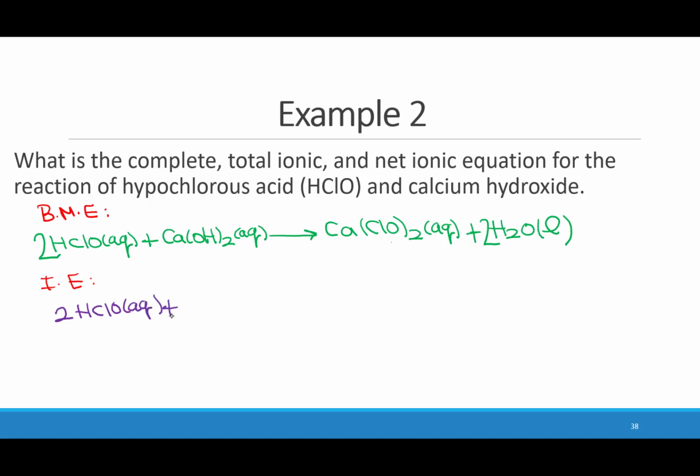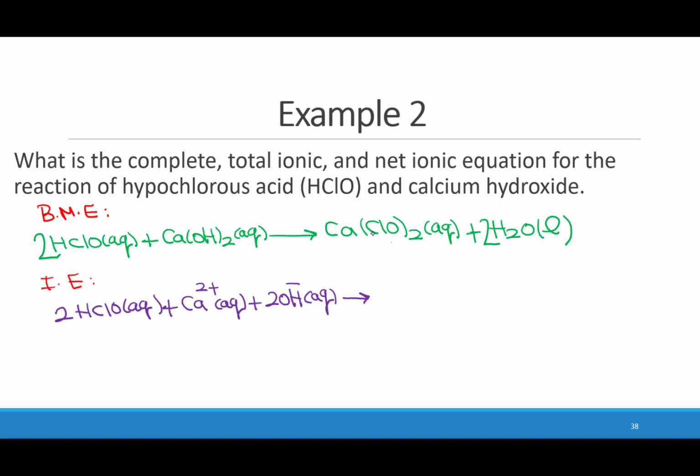Now, calcium hydroxide is a strong base. It will separate, which produces calcium ion and hydroxide ion. Now let's go to the product side.